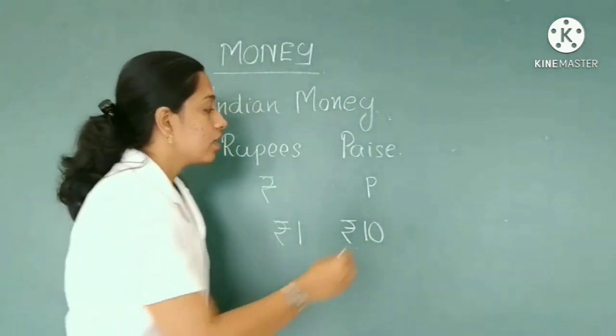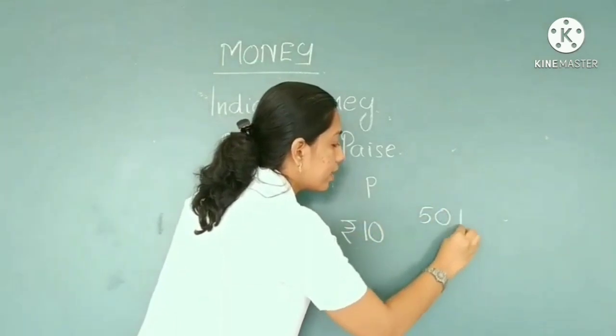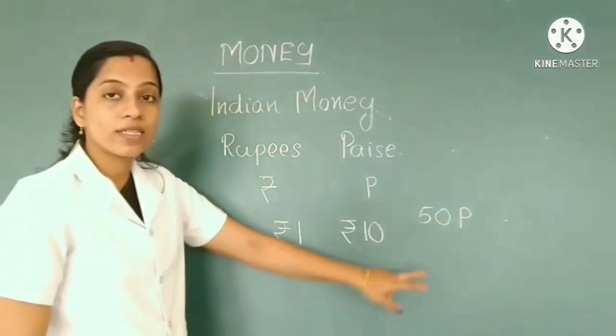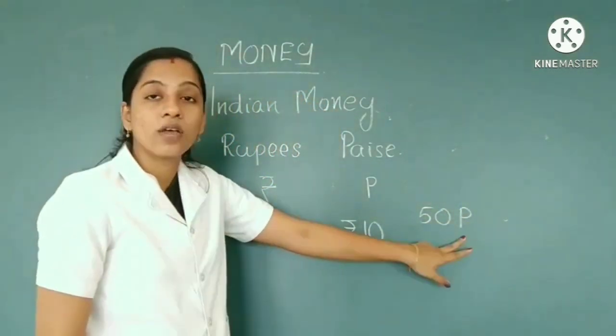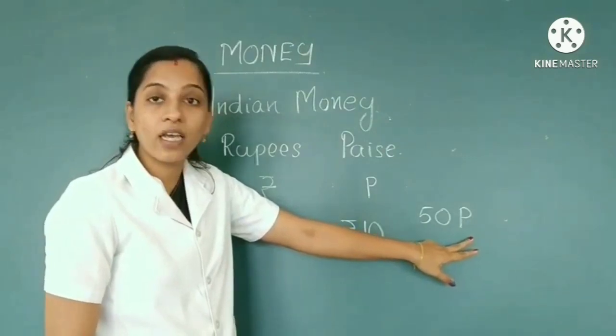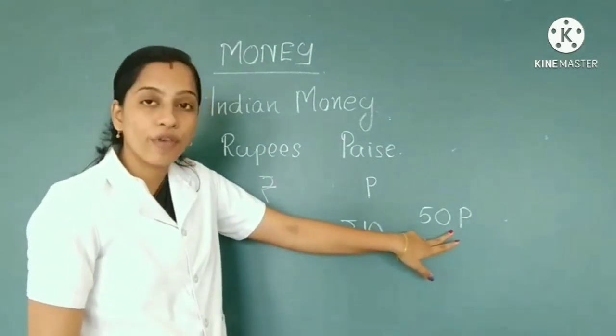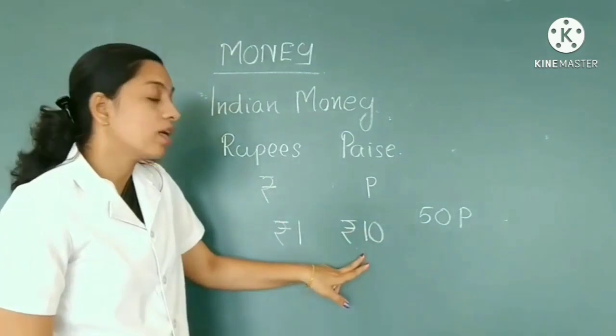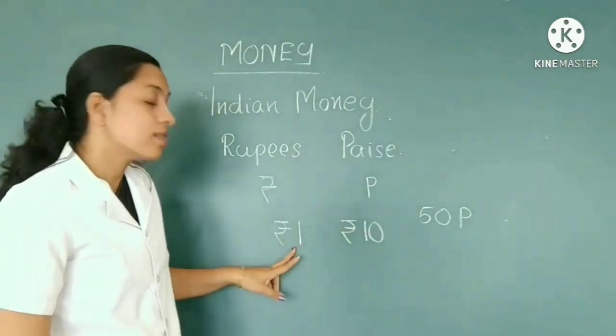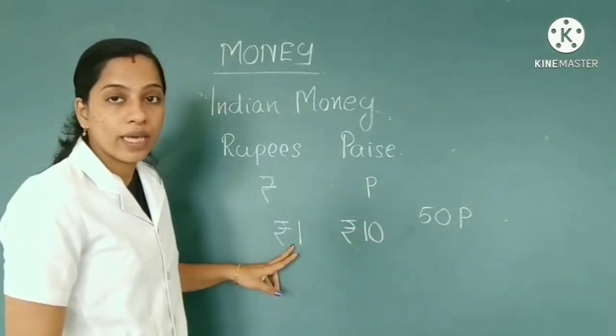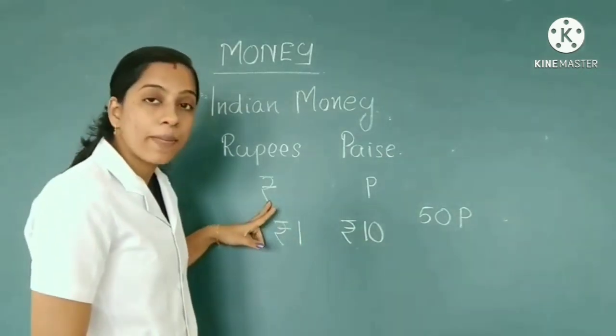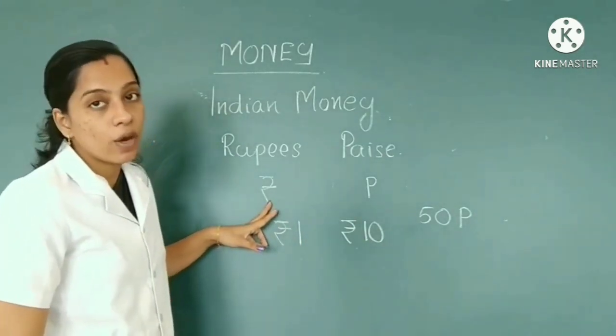Right children? Then how do you read this? 50p. What is the meaning of 50p? Yes, we know p is used for denoting paise. So we can read this 50 paise and this one rupees 10 and this rupee 1. Okay, this is the symbol used for denoting rupees.